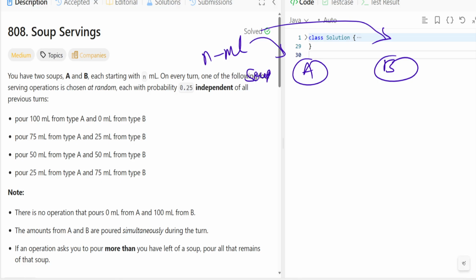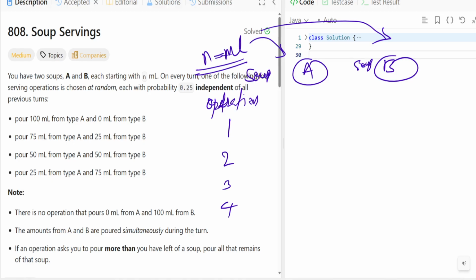Both have a starting amount of N ml. On each turn, we randomly pick one of the four operations with equal probability. That means, let's suppose these are the operations: 1, 2, 3, and 4.